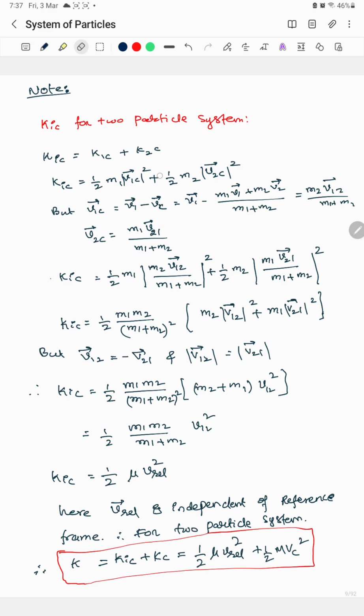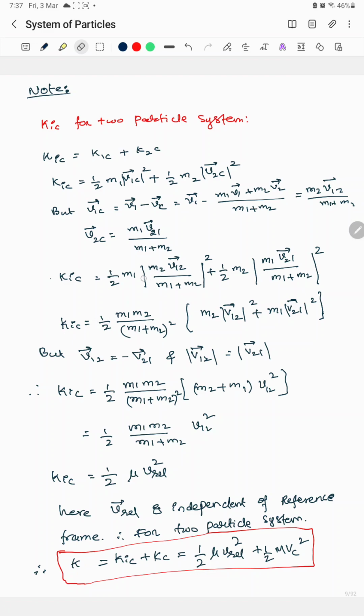Similarly, just substitute here: half M1, V1c is M2 into V12 bar by M1 plus M2, plus half M2 into V2c is equal to this, M1 V21 bar by M1 plus M2, whole square.